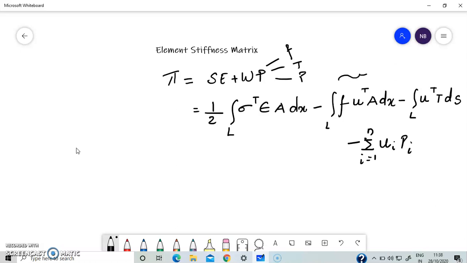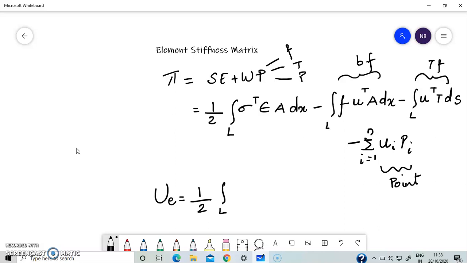So this is the body force term, this is the traction force, and this is the point force. That is the work potential due to all these three factors. Now the strain energy U_e of the element is given by the first term in the equation above.